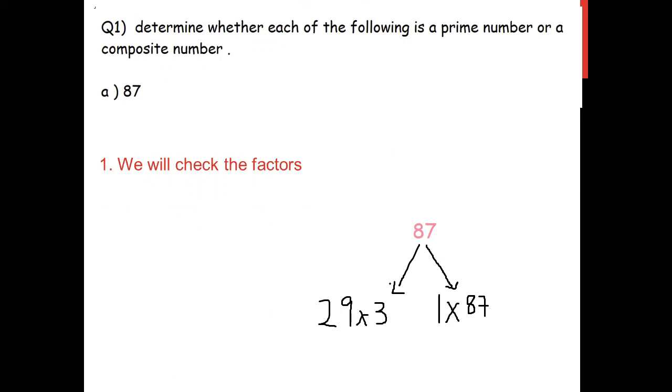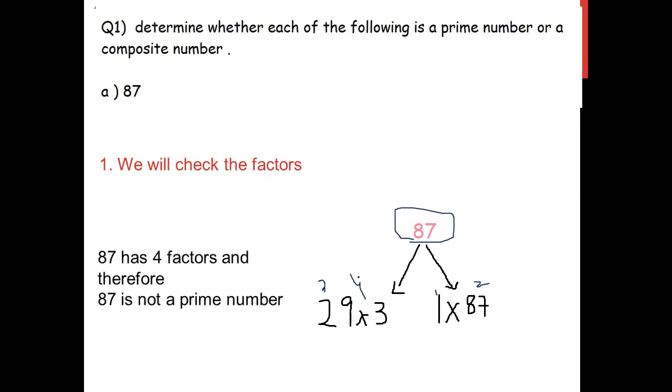So when it has more than two different factors, this is one factor, this is two, this is three and this is four, it is not a prime number but a composite number.